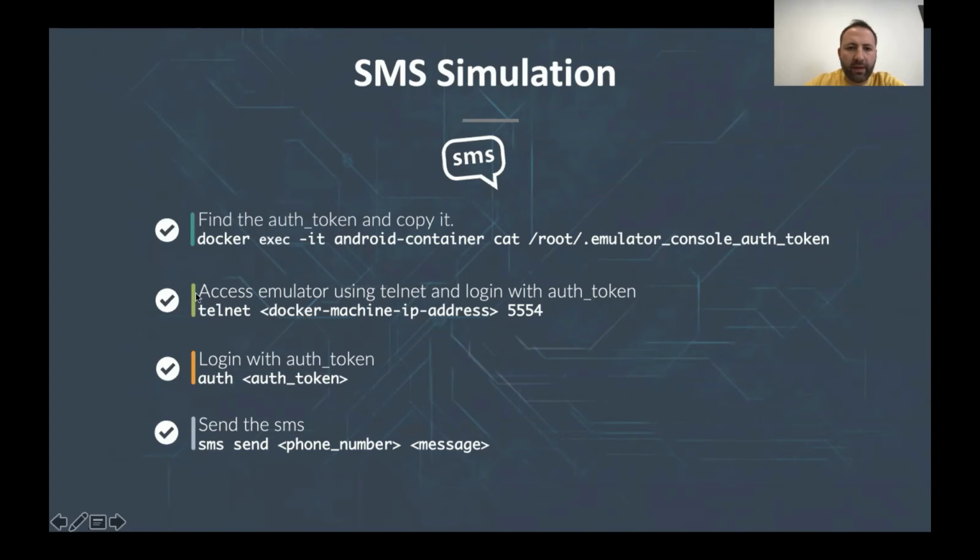Then when we copy this emulator token, we do telnet, the Docker machine IP address, and port 5554. Then we run the authentication and pass the token that we copied already. And then we send the SMS: phone number and the message.